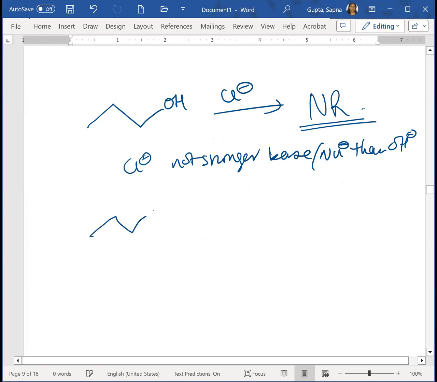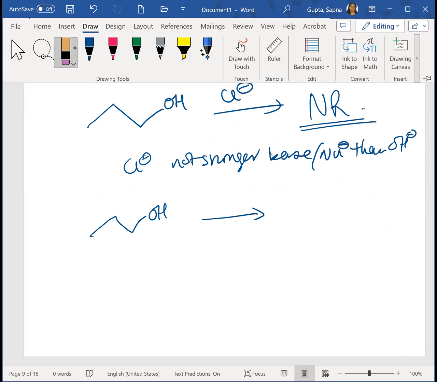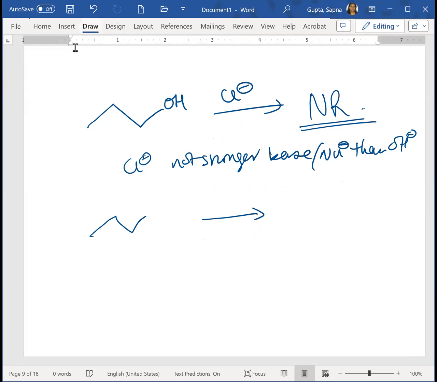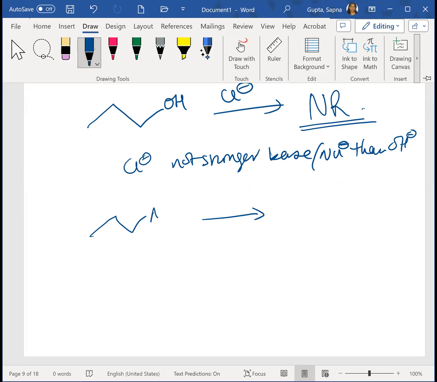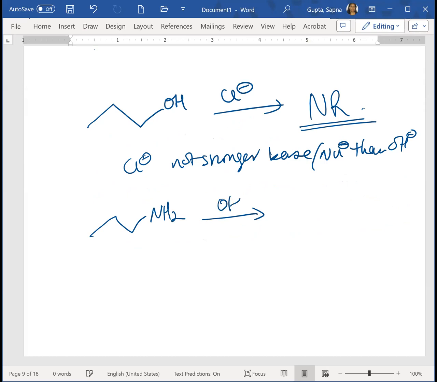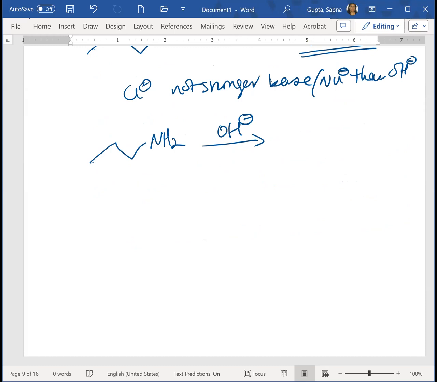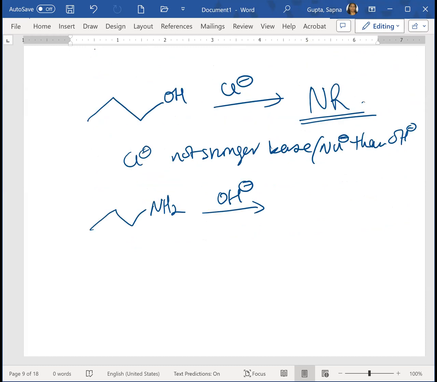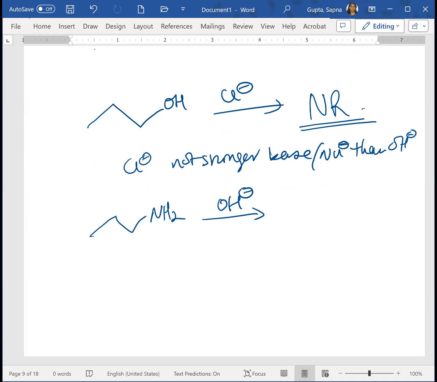Similarly, if I give you something like this, not hydroxide again, this one. If I give you NH2 and then I ask, will this reaction happen? And you're like, what do I do here? The first thing you do is identify your leaving group. So your leaving group is this, which is NH2 minus.